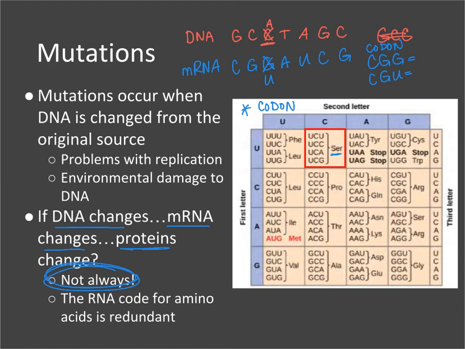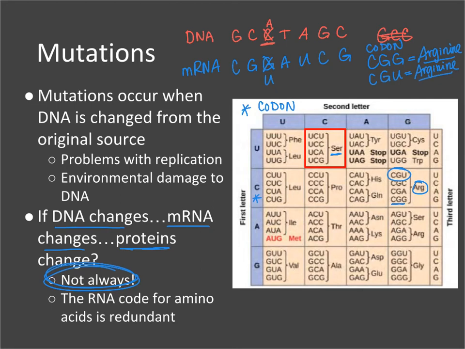CGG codes for arginine, whereas CGU, ooh, surprise, it also codes for arginine. So in this example, the mutation didn't matter because we're still going to end up with this amino acid in that spot in our polypeptide.